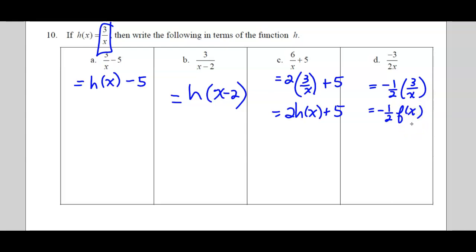Or you can think about it as negative 3 over 2x, just pulling the negative out. And that 2x is where x is in the original. So where there was an x, now there's a 2x. So I would call this negative h of 2x. So there's more than one way of doing that.